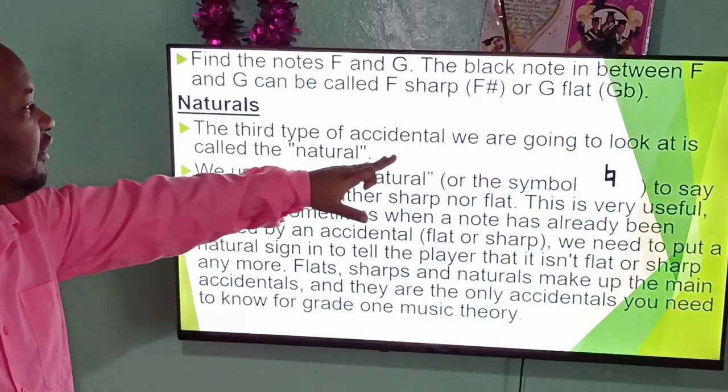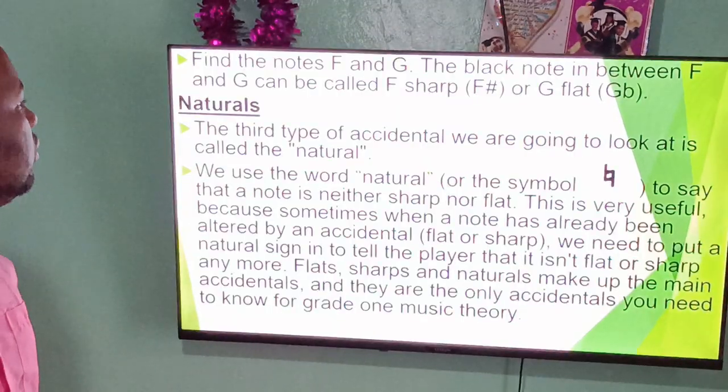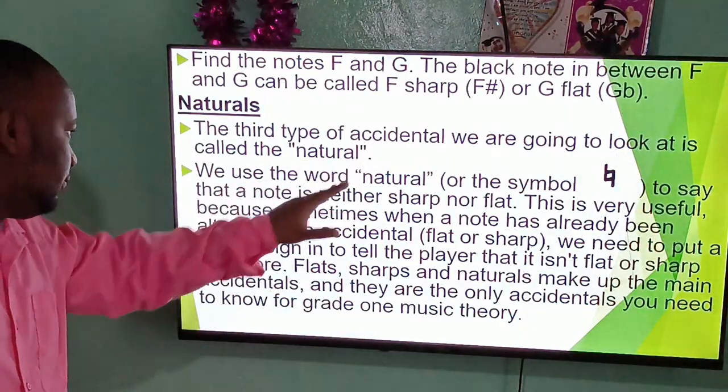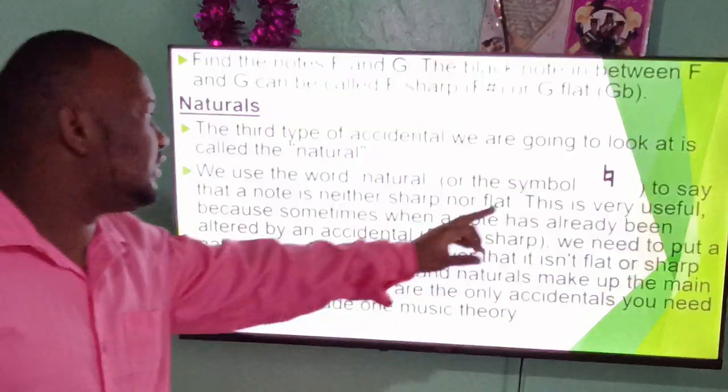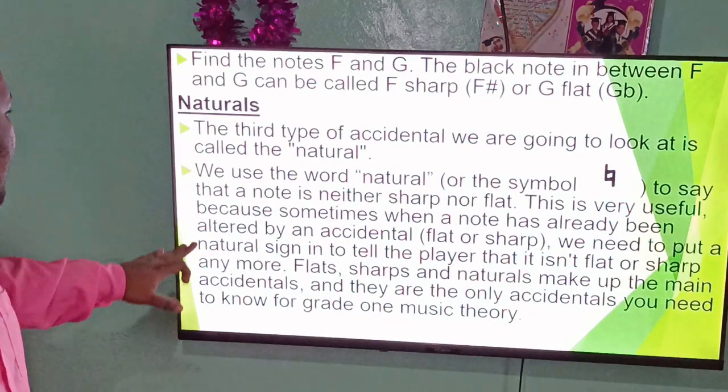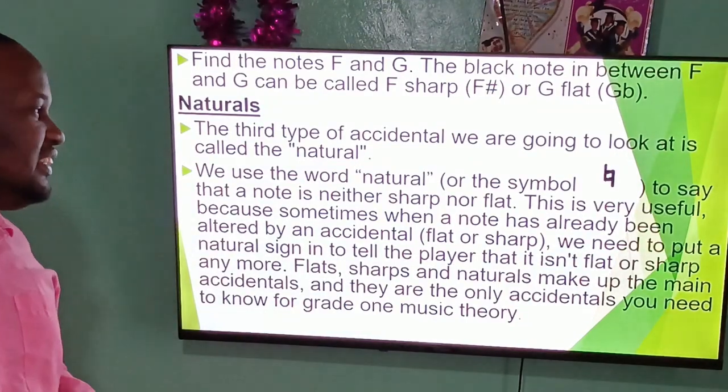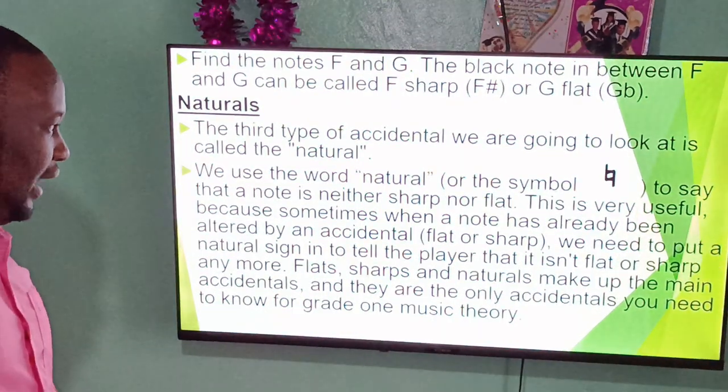The third type of accidental we are going to look at is called the natural. We use the word natural or this symbol to say that a note is neither sharp nor flat.